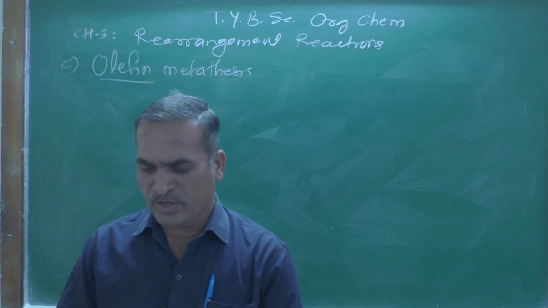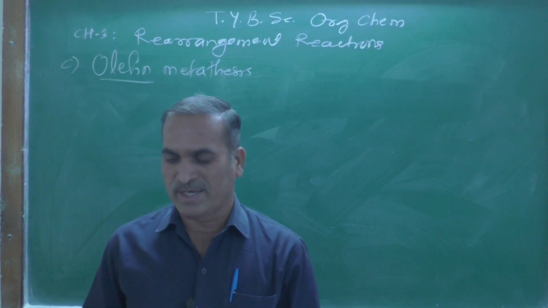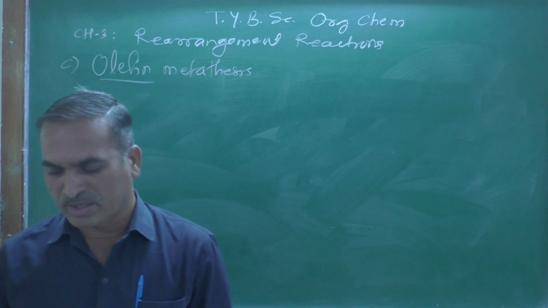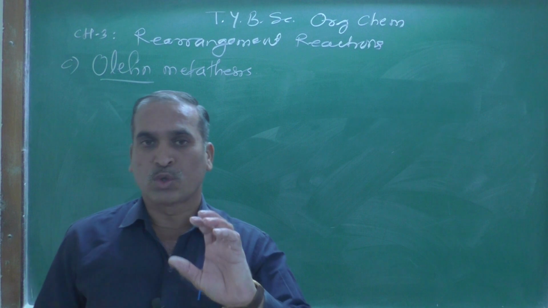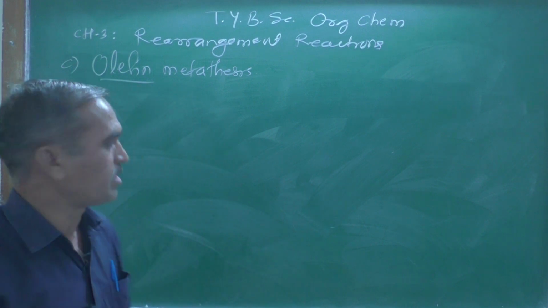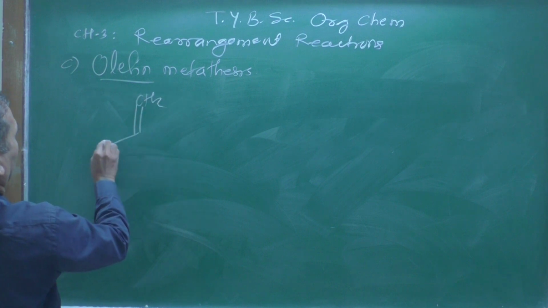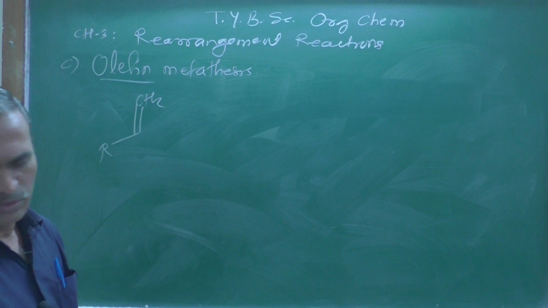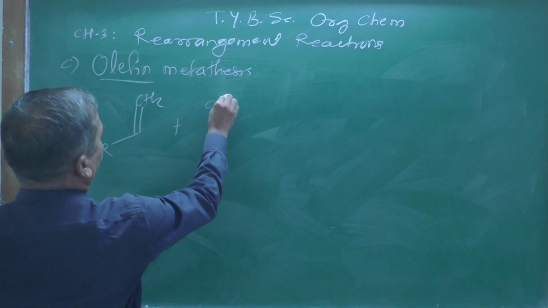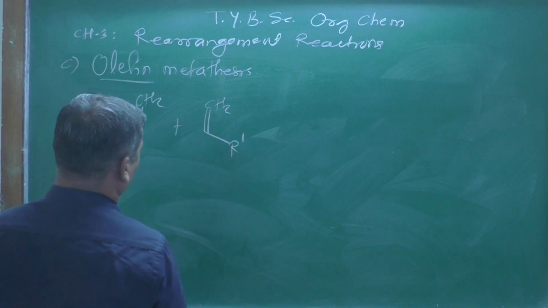Let's see. Olefin metathesis is a formal exchange of alkylidene fragments between two alkenes. So let us see here. Generally here I am writing CH2 double bond, and here I am writing R. Then another one here, CH2 double bond, and here I am writing R1.